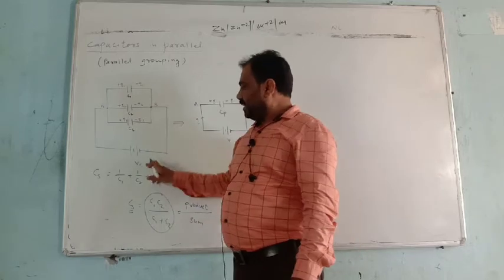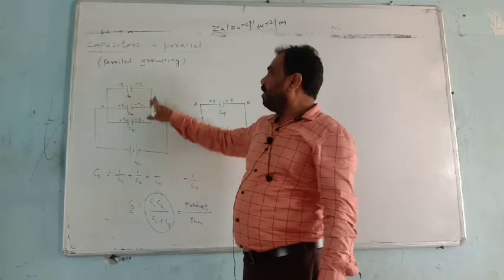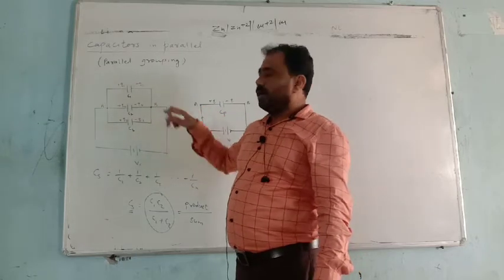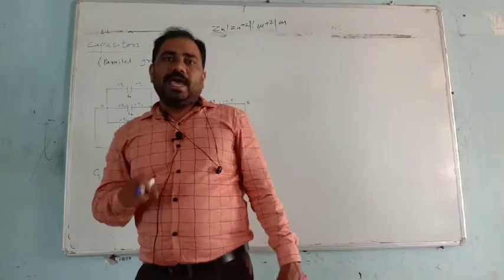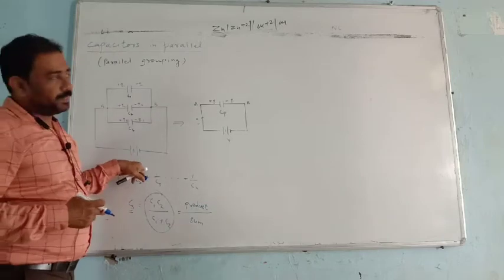It means that this V, the potential difference, is the same for C1 C2 C3 also. Whatever the potential difference across these three capacitors, it is the same.